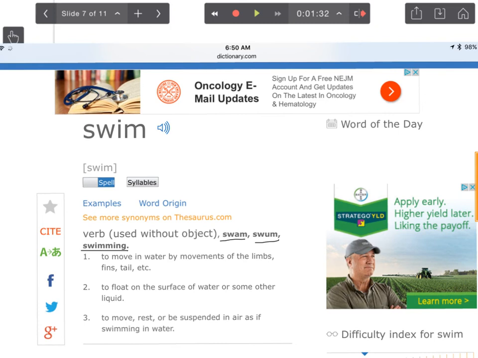I know you did not think there was any such word as swum, but there is. If in doubt, go to the dictionary, and it should be in this format: past, past participle, and then present participle.